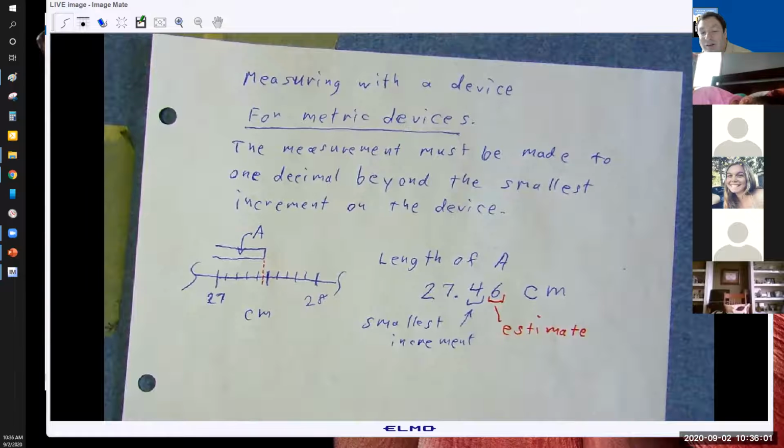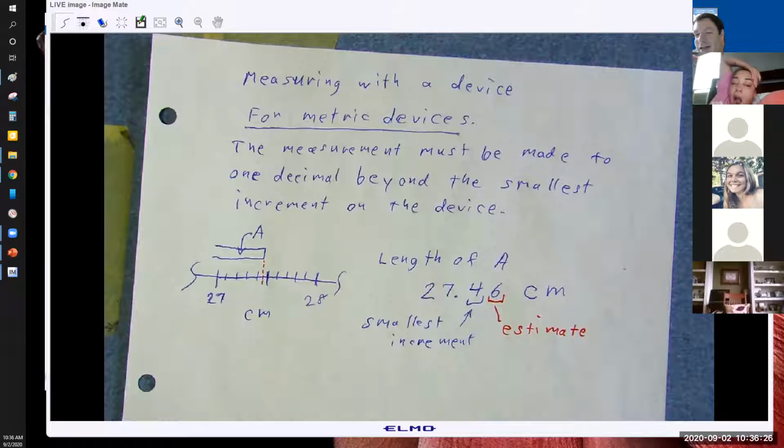27.46 centimeters. And the reason they use this convention is if you're looking at your lab notes, and you always use this convention, you know, okay, I wrote this number 27.46. Oh, I must have used a ruler with the smallest increment being 1/10 of a centimeter.